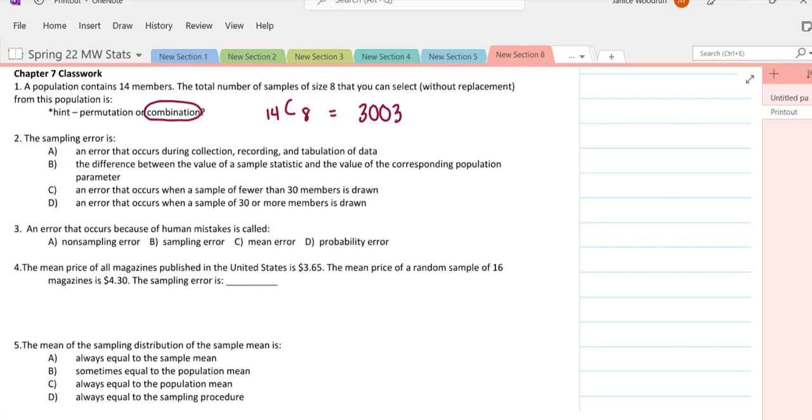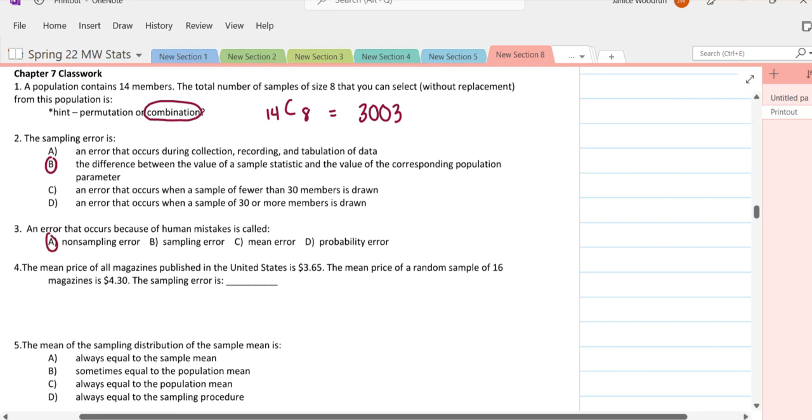All right, number 2. A sampling error is what? A, B, C, or D? B. The difference between the value of a sample statistic and the value of the corresponding population parameter. An error that occurs because of human mistakes is called what? Non-sampling error. Good.